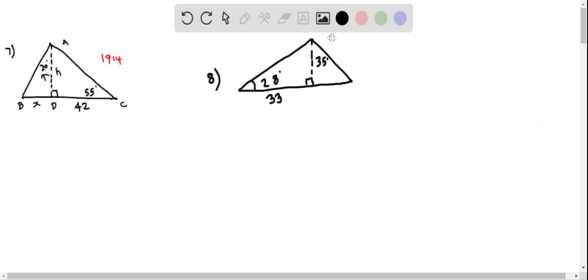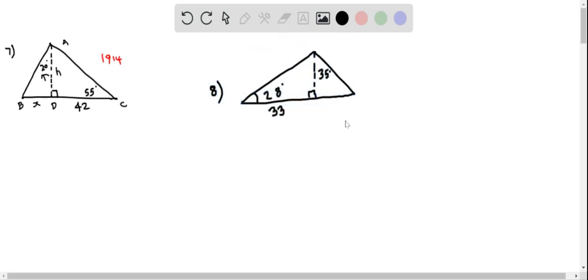We will now determine the area of the triangle given in question number 8. First I'm going to mark the vertices. I'm going to mark the top vertex as P, and these are Q and R, and the point where the height meets the base as S. Now consider the right triangle PQS.